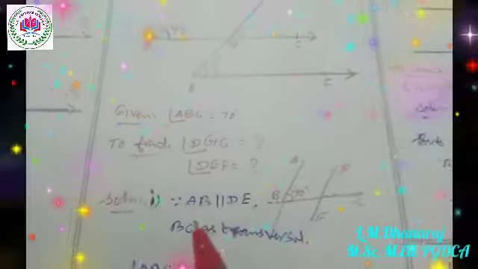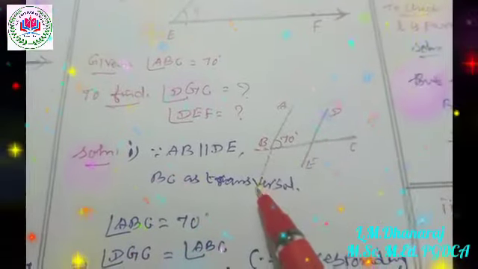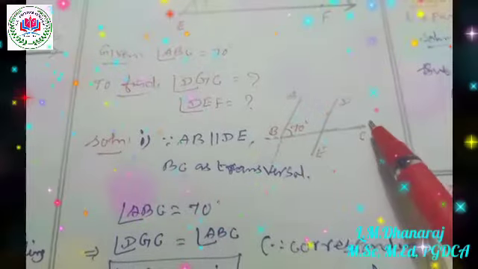Now first let us consider AB is parallel to DE. So I have split the diagram. AB and DE. Now this is BC line which is going like this. Now let us extend this. Since BC is a transversal, these two are parallel lines.